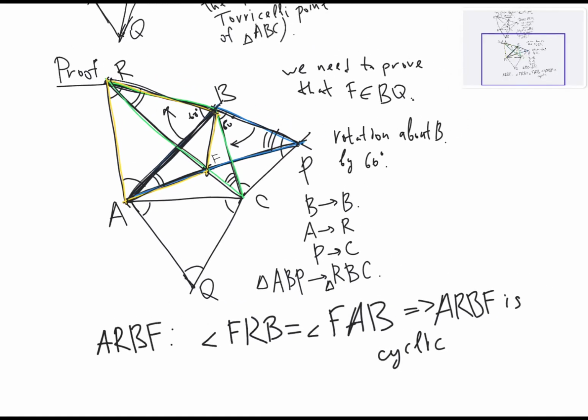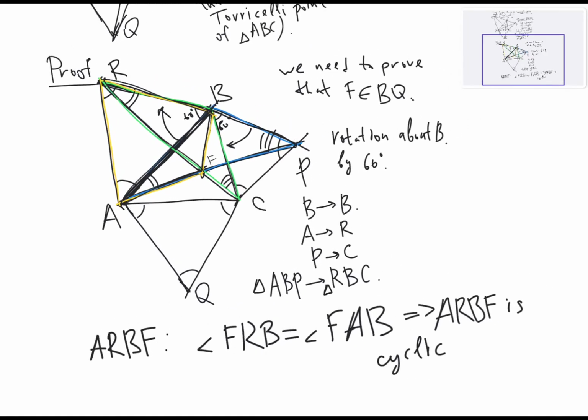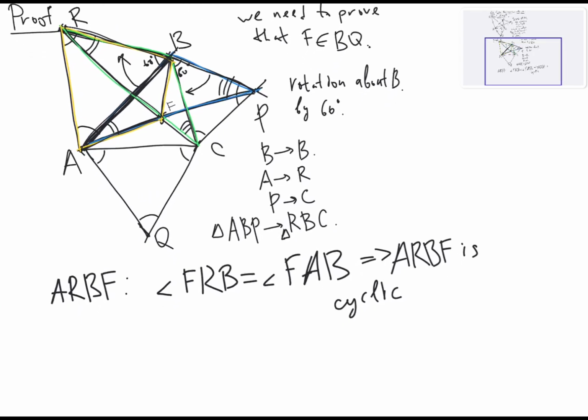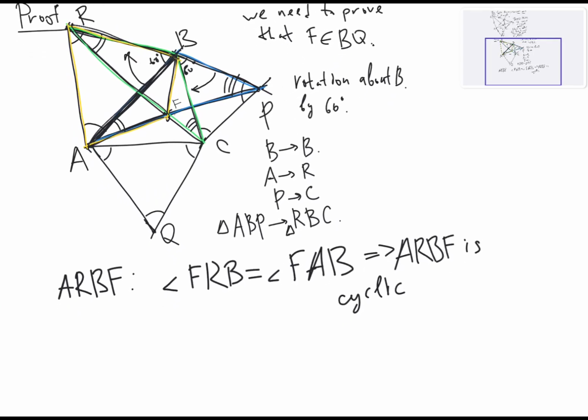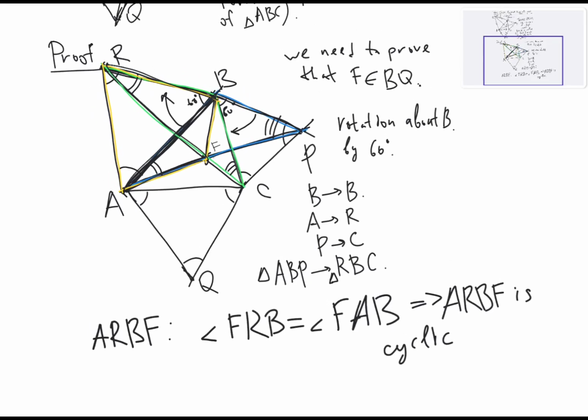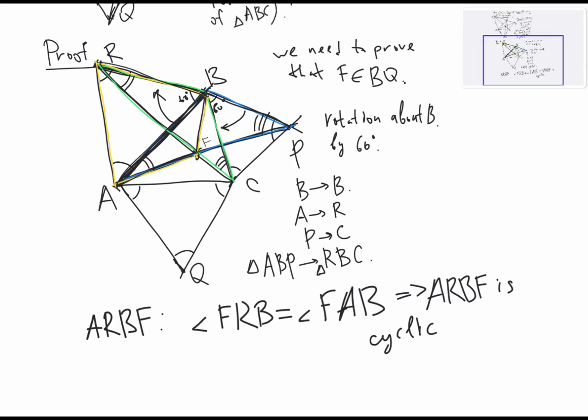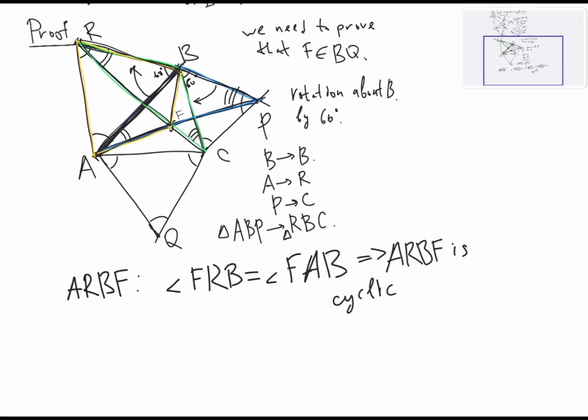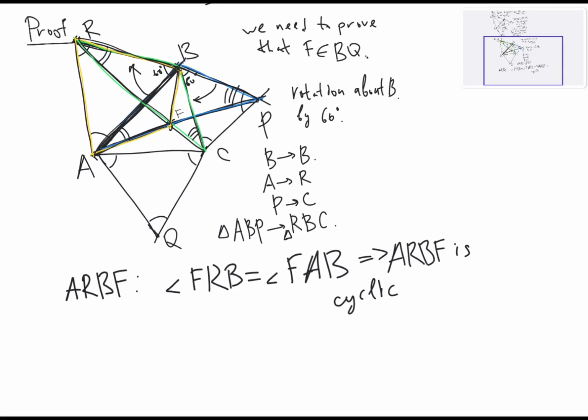So this yellow quadrilateral that I highlighted with yellow, it's cyclic, which means that all these 4 points lie on the same circle. Similarly, the other quadrilateral that I will also highlight with yellow.